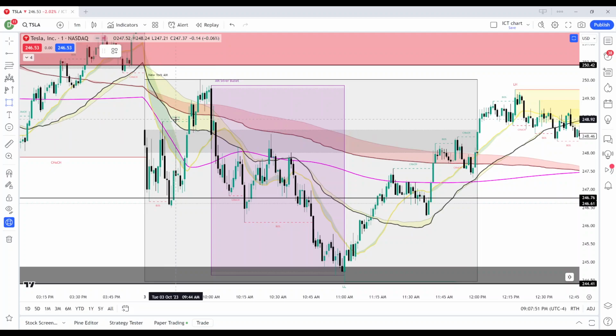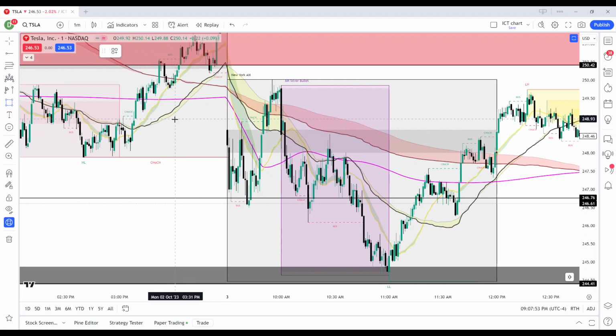I was looking for a run on liquidity that had already happened. The opening candles ran on liquidity, so liquidity has already been drawn on the sell side, and daily bias went bullish. So what I'm looking for is certain things. Has liquidity already been drawn on?